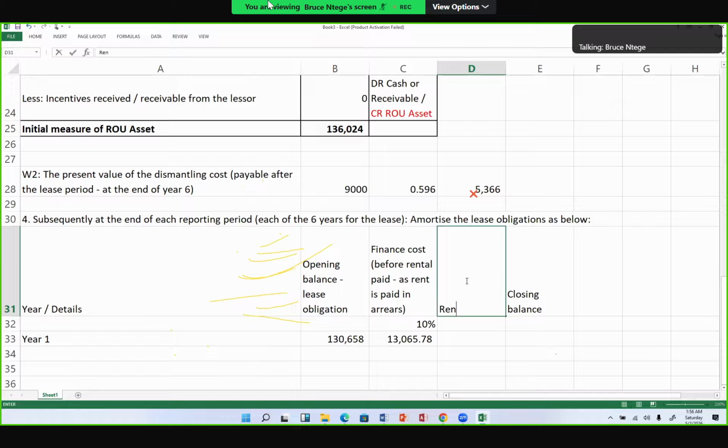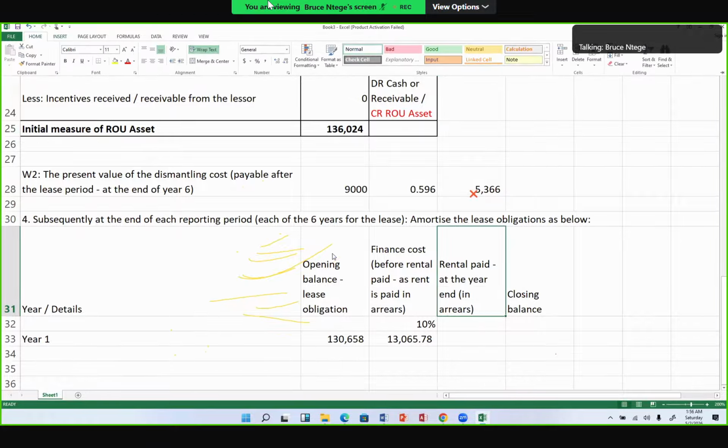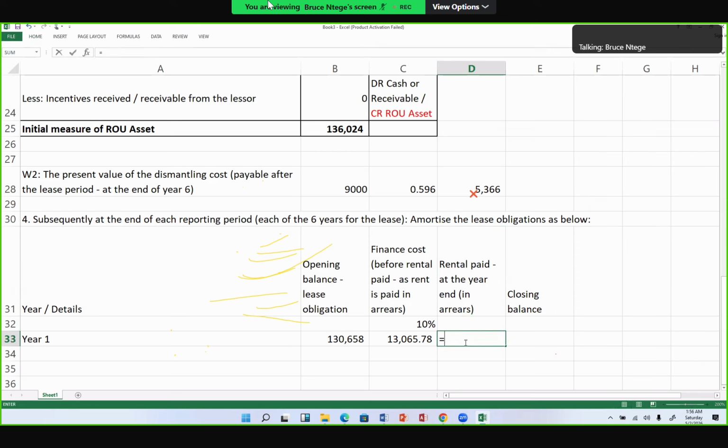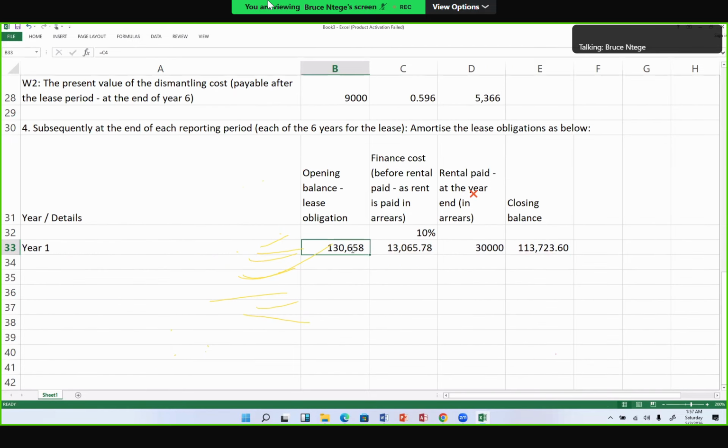The rental paid is at the year end, so it's in arrears, and our rent paid is 30,000. To get the closing balance from the opening balance, you increase it with the finance cost and reduce it with the rent paid. Let's ensure these are all well rounded off.